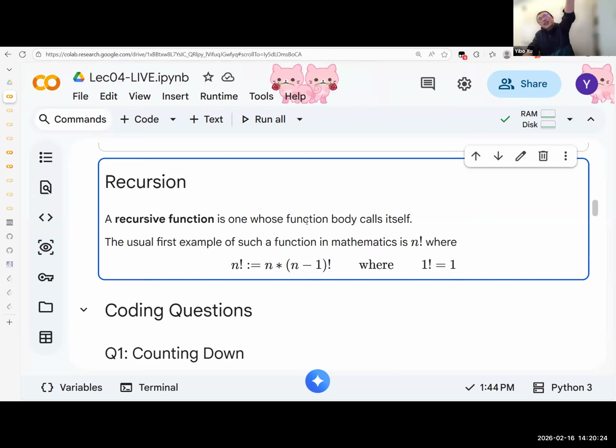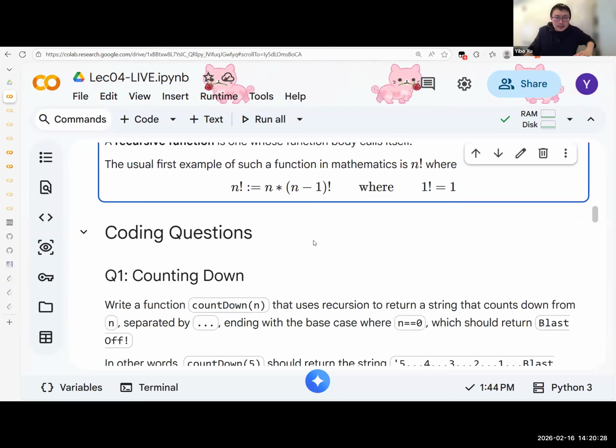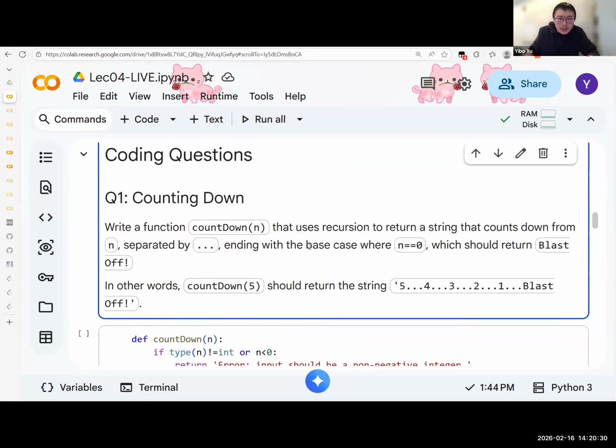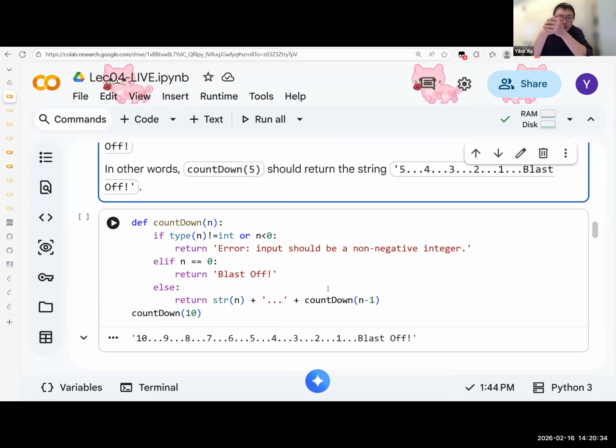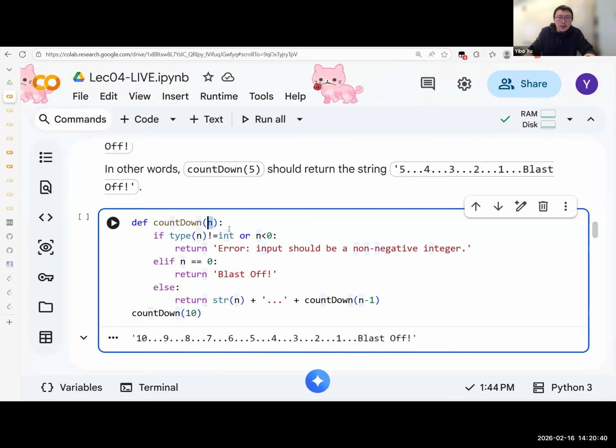Okay, so this is the cell that I copied from the lecture notebook. So, countdown. This is the thing that I also wrote when you guys were writing during class. Basically, you would want to make sure that your input is a positive number, right? So let's say if you're counting down from 5, you would want 5, 4, 3, 2, 1, and then blast off.